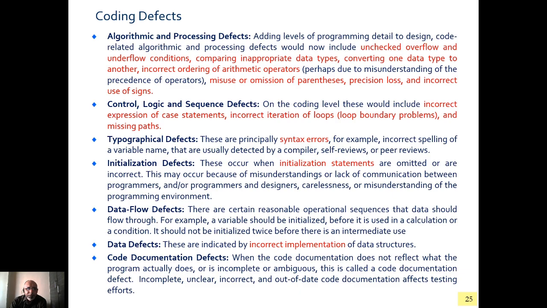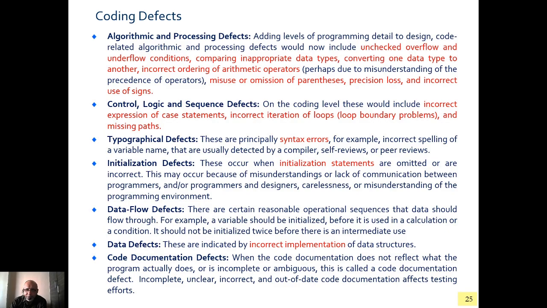Typographical defects can be easily controlled, initialization defects can be controlled, data flow defects can be detected, and now what about code documentation defects? Out-of-date code documentation affects testing efforts. How come? Apart from stabilizing the syntax errors, you should work on semantics as well.